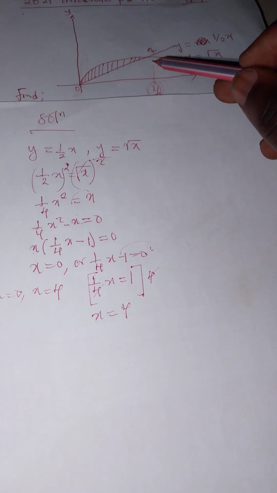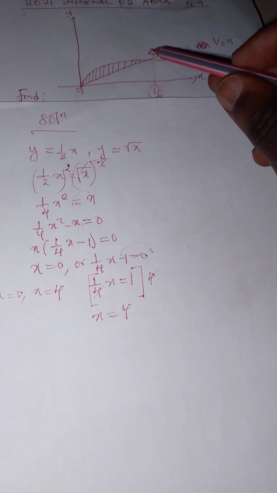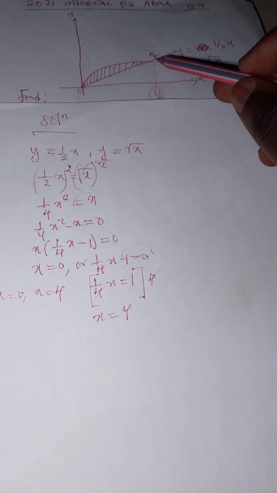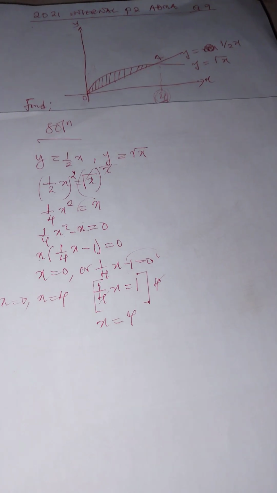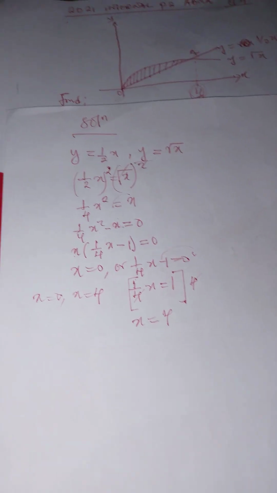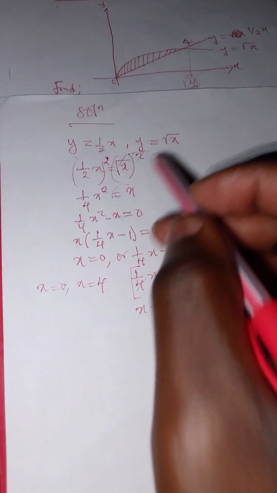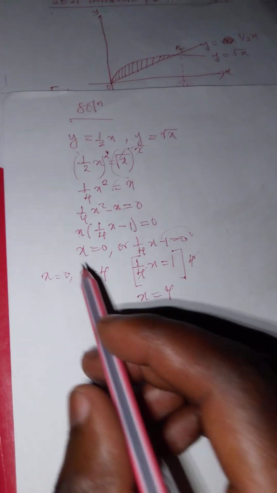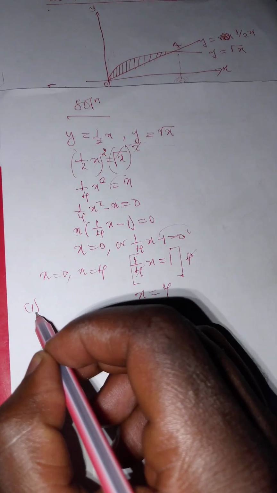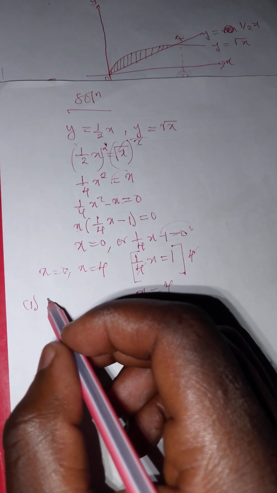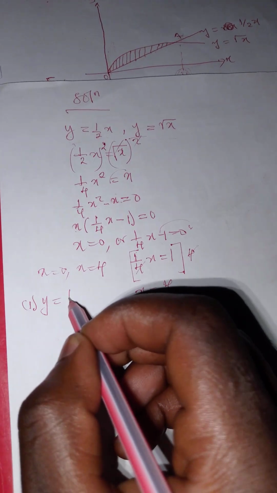Then let me look for the corresponding value of y where it is intersecting with x. I can simply use any of these two given y functions. I'll use both so that people can see the value of y should give you the same.